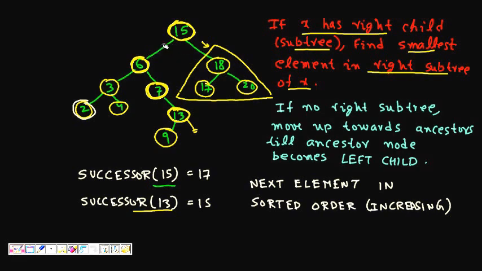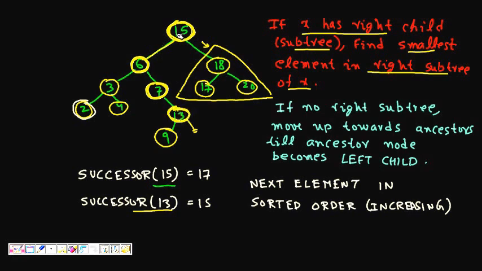So I have found one node, 15, which is greater than 6, and in fact greater than any of the children of 6. Since 6 is the left child of 15, this is the first node which will be greater than 13, and hence it will become the successor of 13.